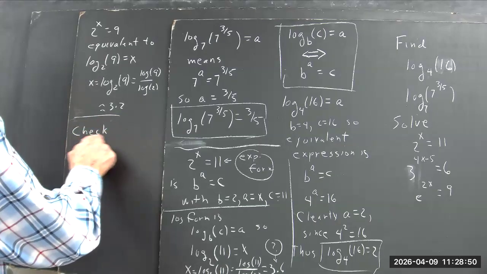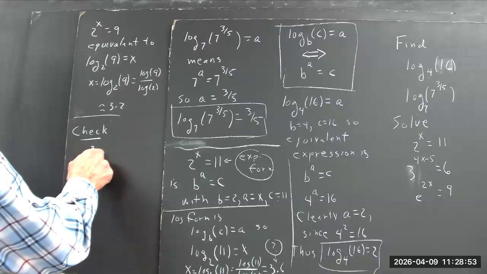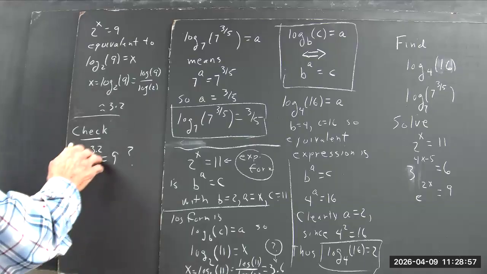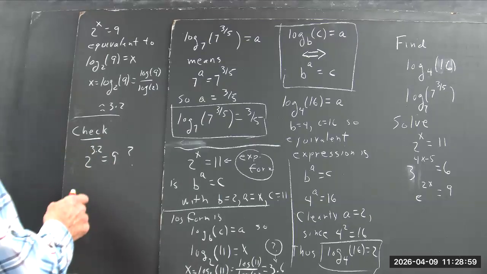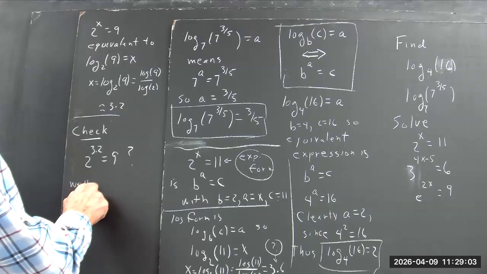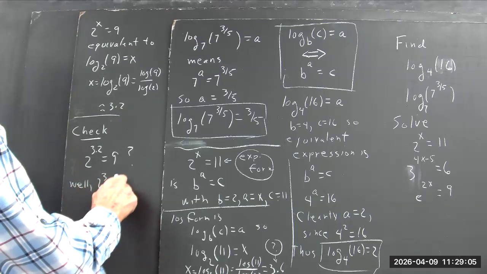So let's just do kind of a check. Is 2 to the 3.2 equal 9? Well, 2 to the third equals 8.